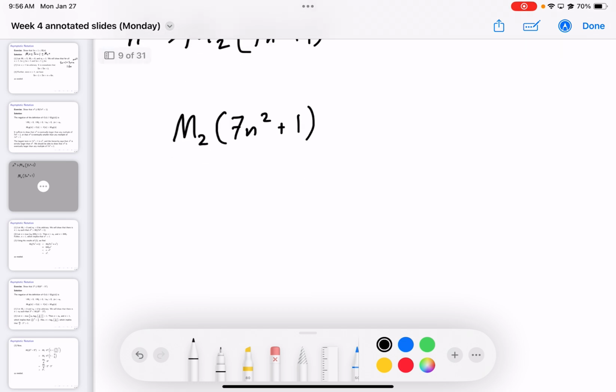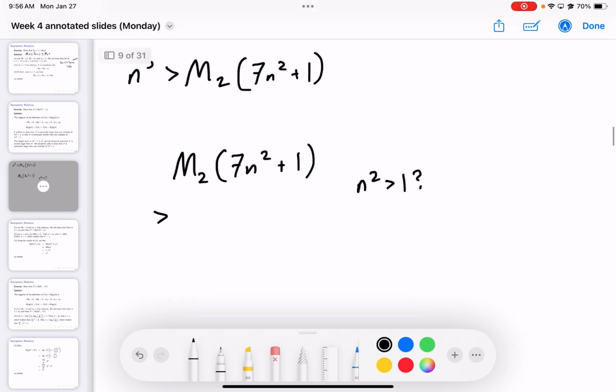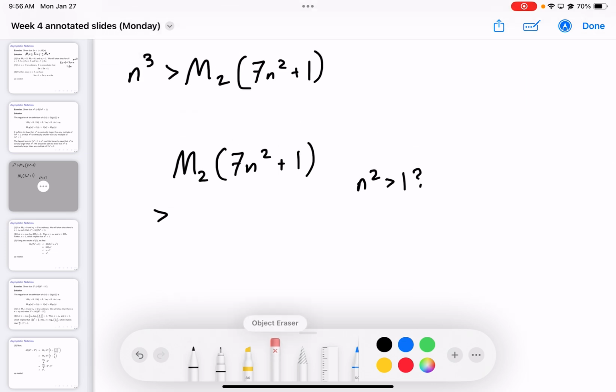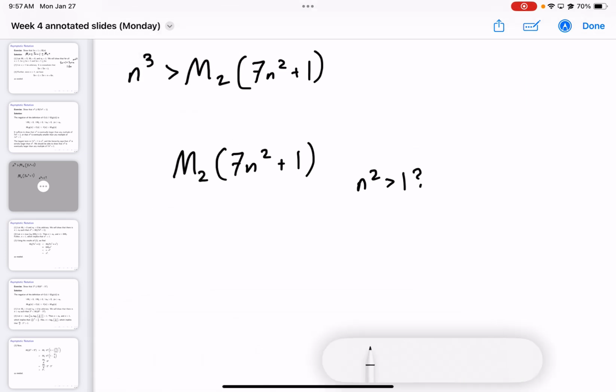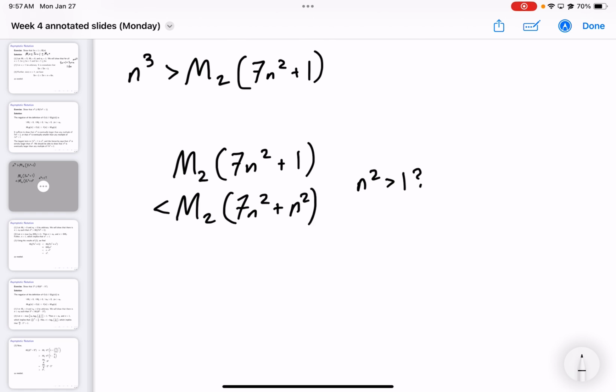So it sure would be nice if that constant term were actually n squared. So let's say n squared has to be greater than 1, perchance. And then we can simplify this.